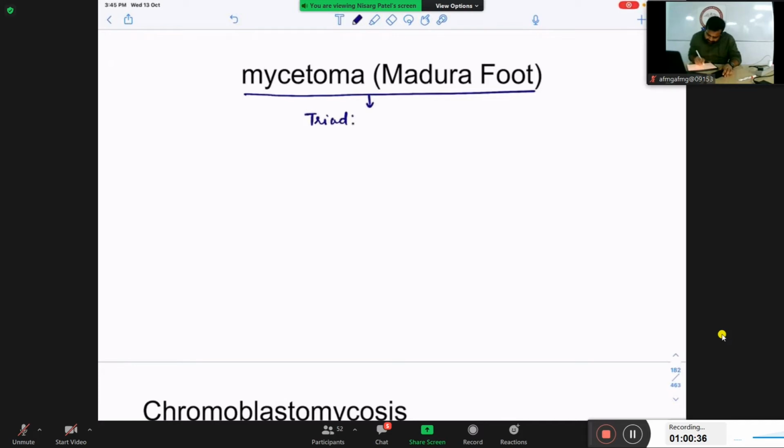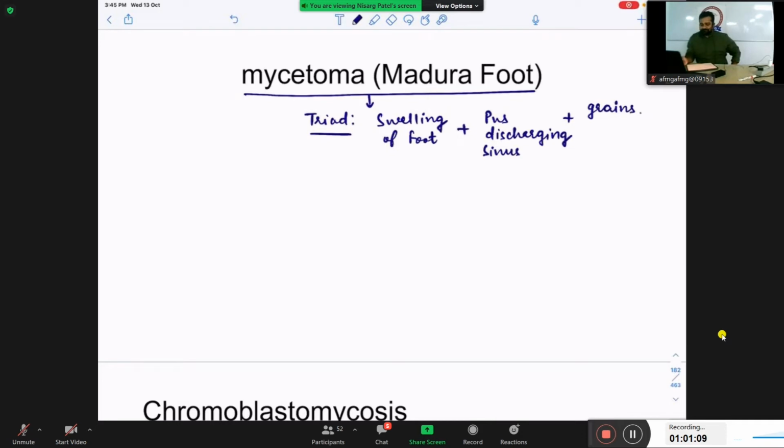They will give you a finding of this triad. The patient will have swelling of the foot, discharging sinus, and the grains.